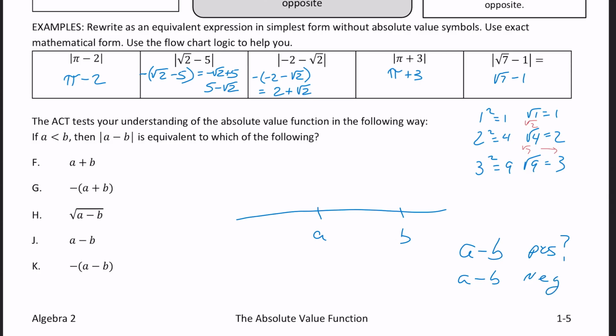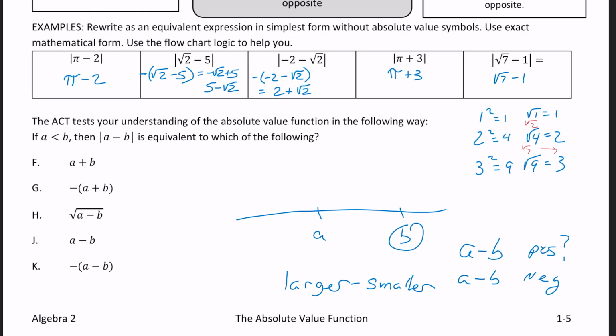And here's the general rule that you want to see. You're taking a bigger thing away from a smaller thing. A minus B is subtracting the larger thing, B, from the smaller thing, A. When you take something larger and you subtract something smaller from it, is it negative or is it positive?